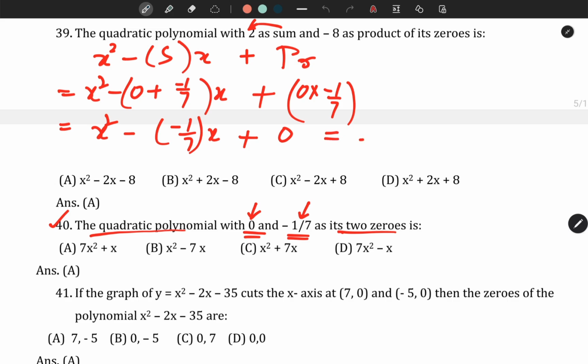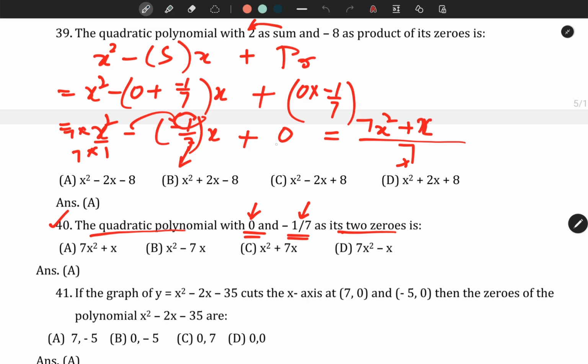Now we'll take the LCM. The LCM of 1 and 7 will be 7. Since the denominator here is 1, to make it 7 we have to multiply with 7. So if you multiply with 7 there, we'll multiply here with 7, so this will be 7x square. Now next is minus into minus is plus, and the denominator is 7, which is same as the LCM, so this one will remain 1x, or just x.